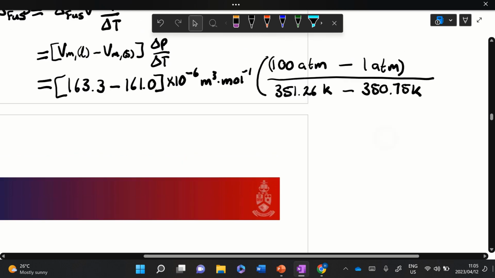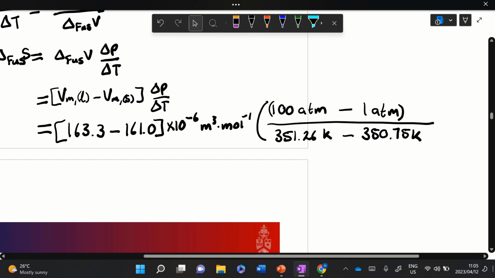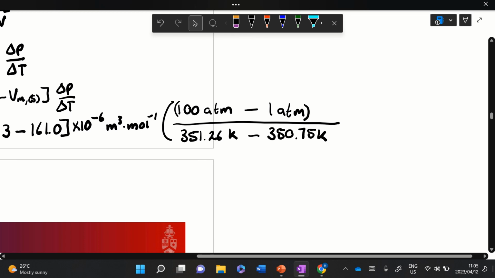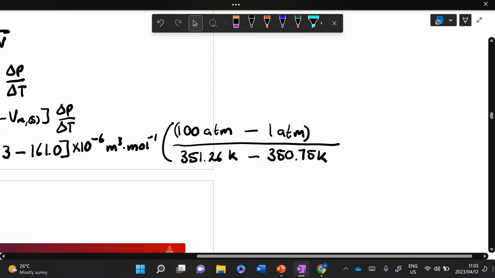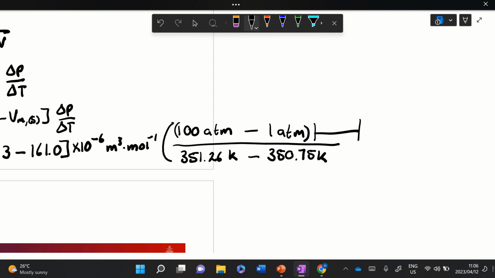We don't want to work in atmosphere because we're working with meters and Kelvin, so we need to work in Pascal. The conversion is that for every 1 atmosphere there is 101,325 Pascal. That's our conversion factor.